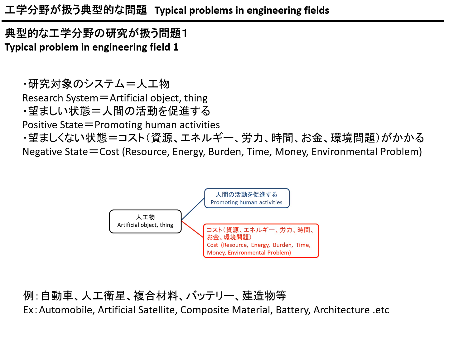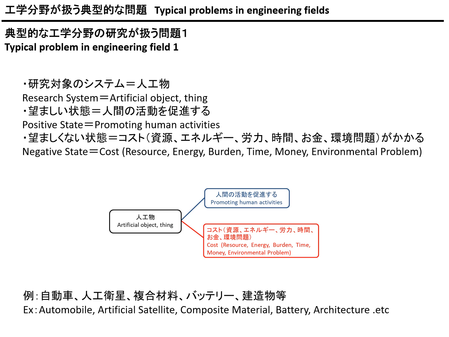Then, what is the positive state generated from artificial object or things must be some behavior that promotes the human activities. But in this case, the negative state generated from the system is a kind of cost, such as resource, energy, burden, time, money, environmental problems.